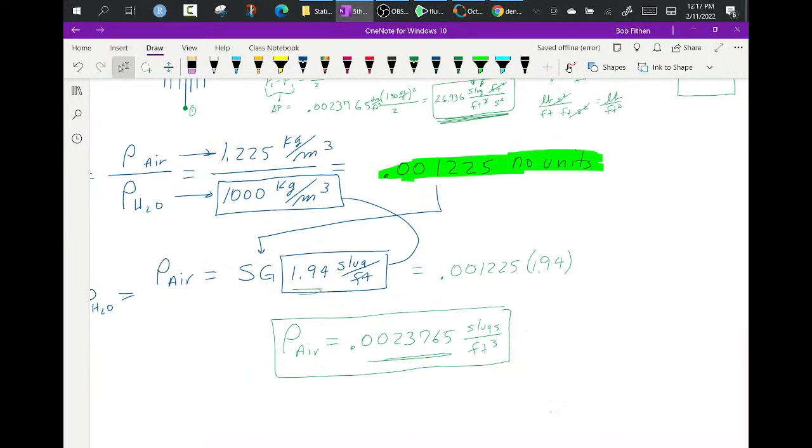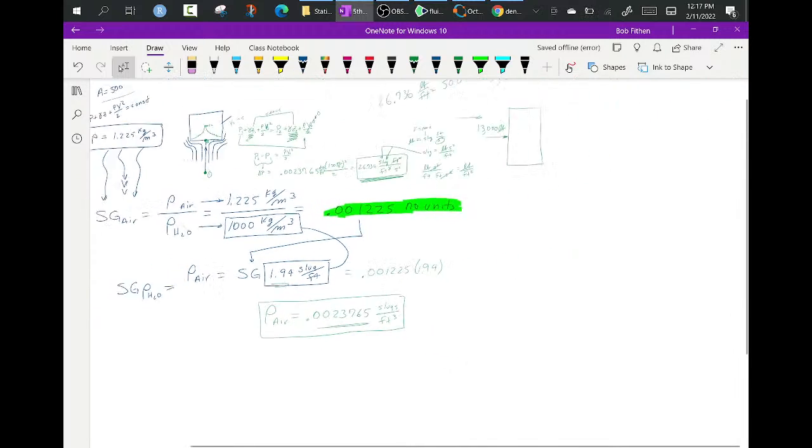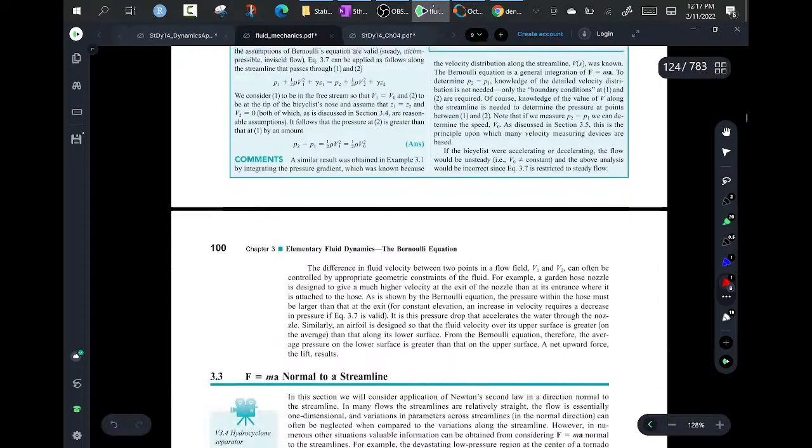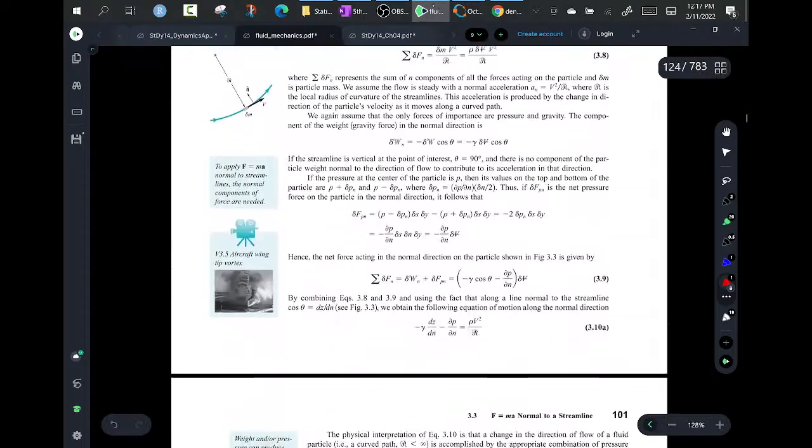So, alright, let me put the screen on that thing. So, what else can you do with this?